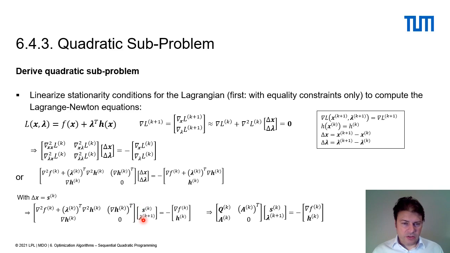And the second thing we want to do is replace delta lambda here by lambda k plus 1, and this is to eliminate lambda k from the right hand side, which came from the gradient of the Lagrangian function. By replacing delta lambda by lambda k plus 1, this here will go away. And we come up with something that looks very similar to the quadratic problem that we solved in the previous chapter.